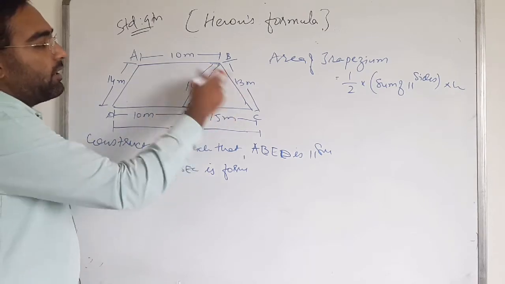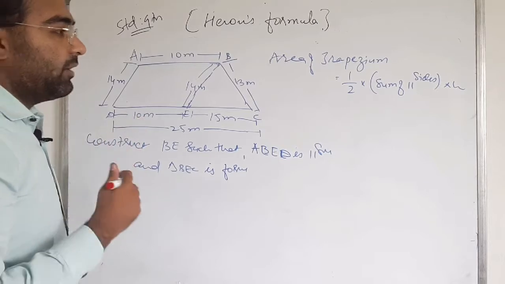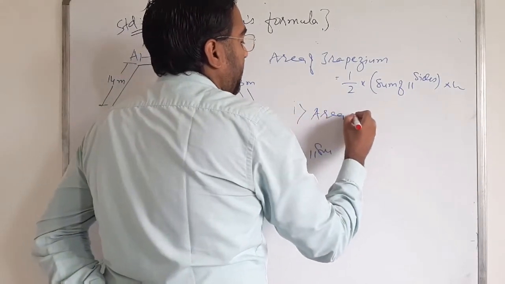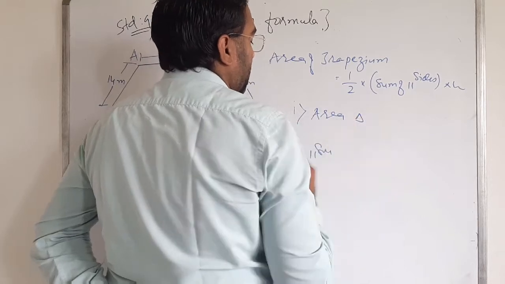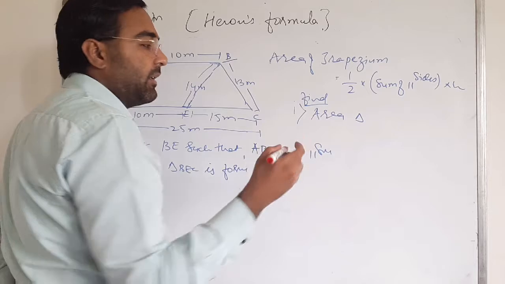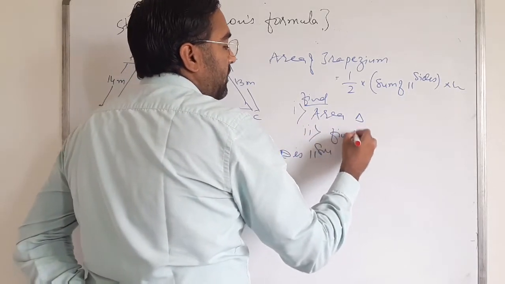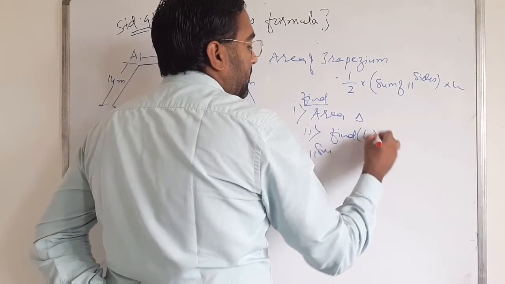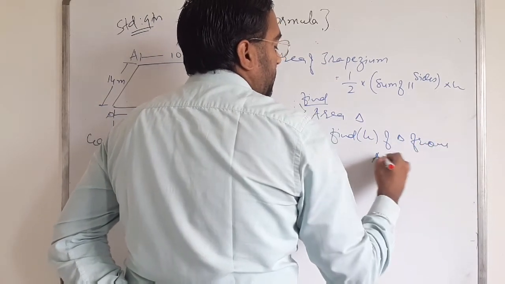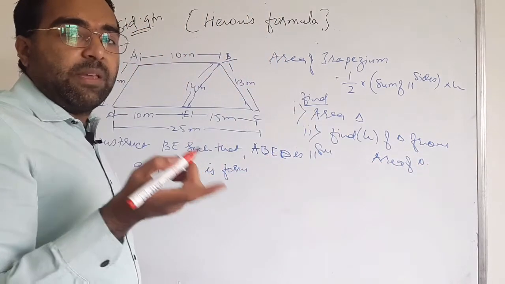Here the triangle has three sides given, so first of all we have to find the area of the triangle. Second thing, find the height of the triangle from the area of the triangle, that is half base into height.